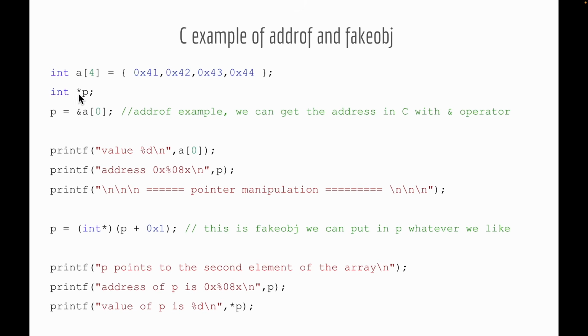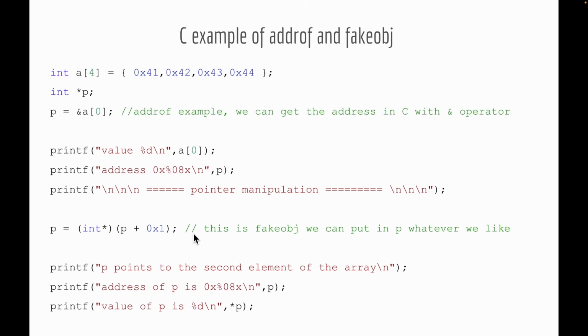Then you have a pointer, P. In this case, P would get the address of the first element, by using the ampersand and the array notation, because if you remove the ampersand, a[0] is the value of the first element of the array, and then you would print it.